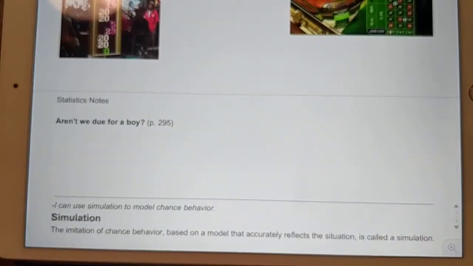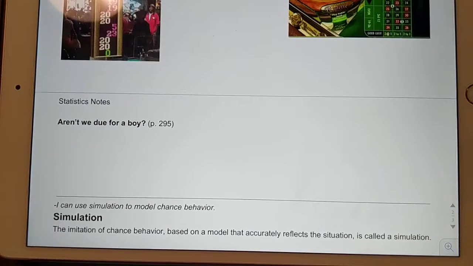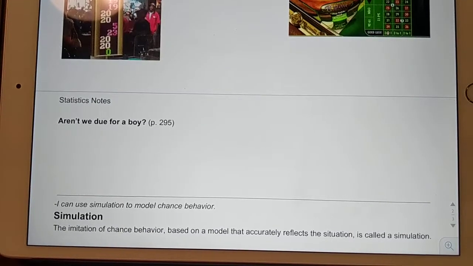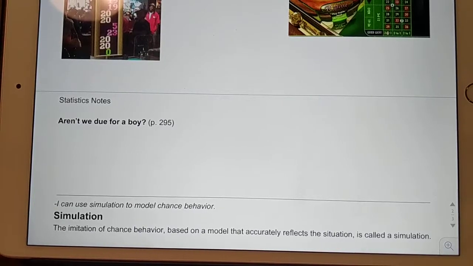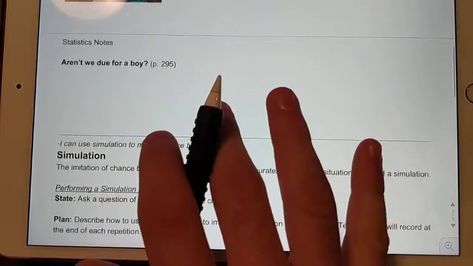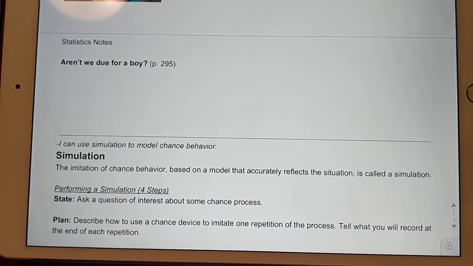On page 295, there's a situation where a couple, and you may have had a family member do this, aunt, uncle, parents, even grandparents, say, aren't we due for a boy? Plenty of families have had multiple children, and they keep having kids until they get the desired gender. If they want a girl, they try until they have a girl, and they end up having a bunch of boys.